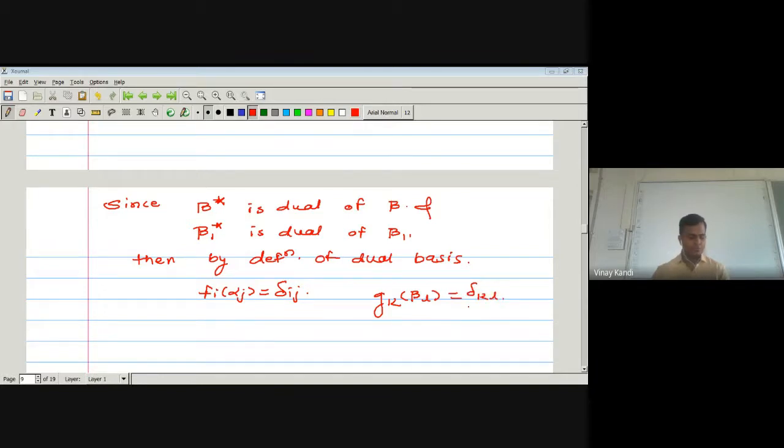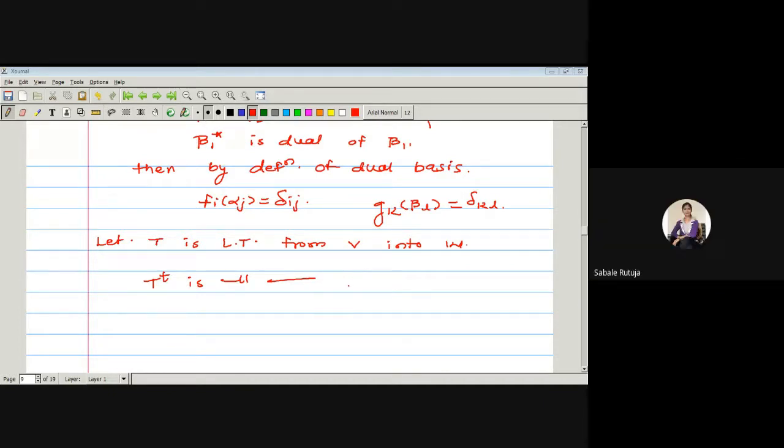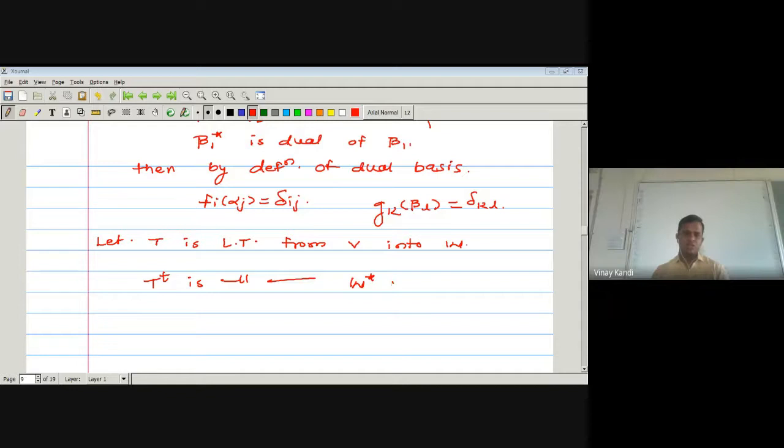Now let capital T be a linear transformation from V into W, which is given to us, and T transpose is a linear transformation from W star into V star.